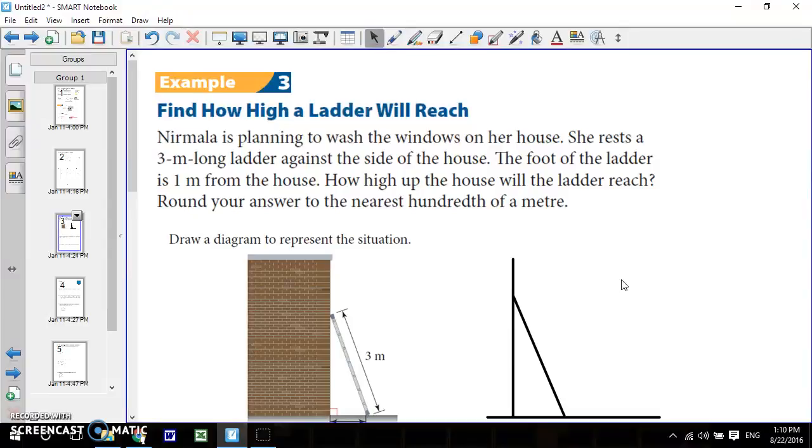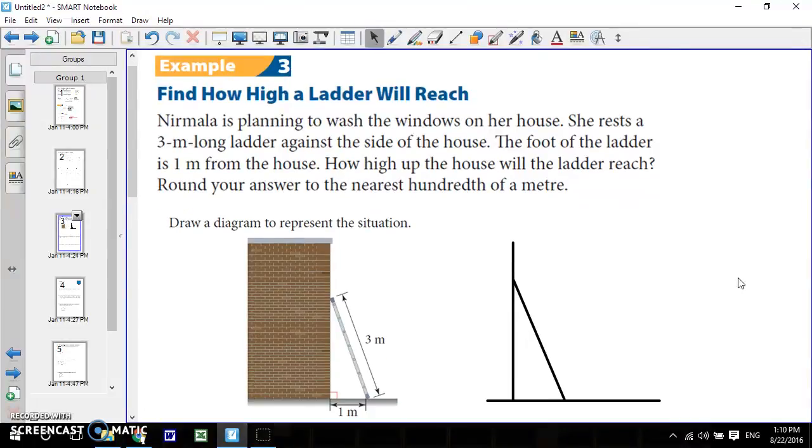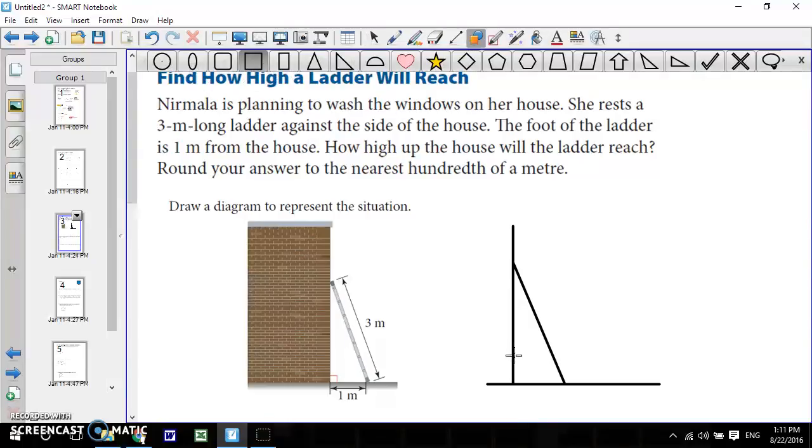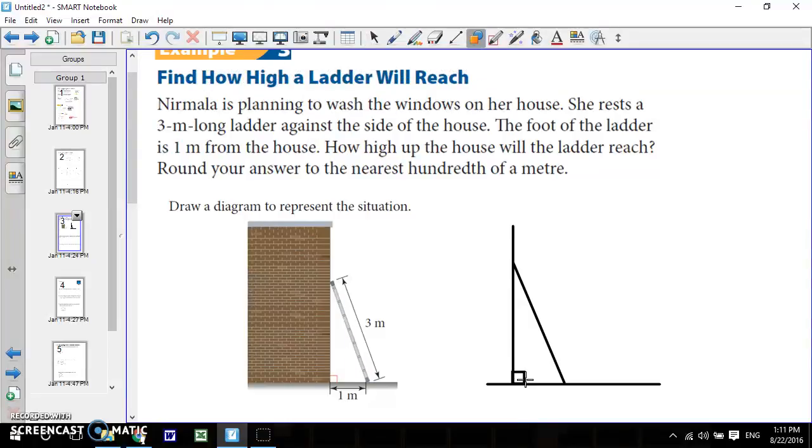In a word problem like this, you are encouraged to draw a diagram to represent this situation. So the original diagram has been drawn for you. It's more like a picture to demonstrate the situation. Let's turn this into a simpler diagram on the right hand side. Since we're dealing with a right angle triangle, it's a good idea to include the right angle symbol at the bottom.